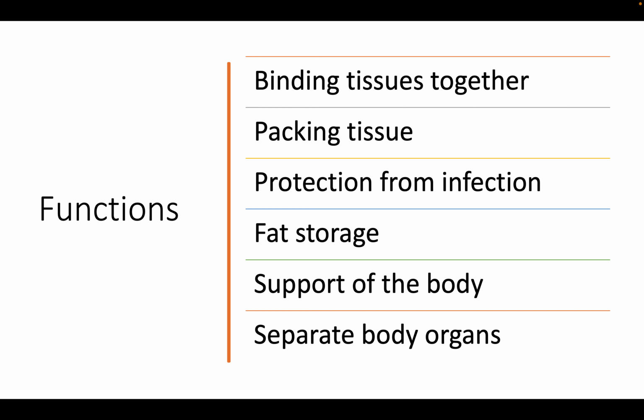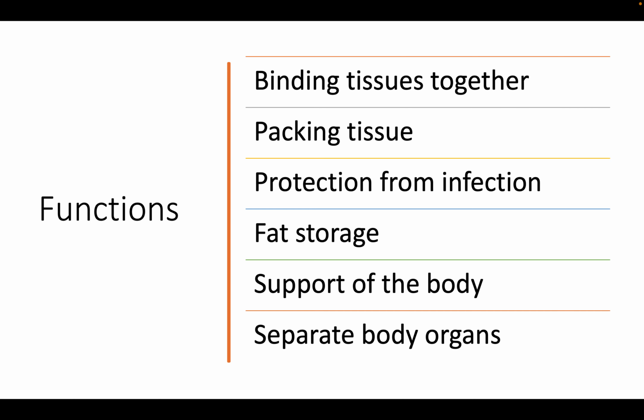And then connective tissue separates the body organs so that they do not interfere with each other's activities. Imagine if the intestines got mixed up with the kidneys, it would be a mess. But because of connective tissue, every organ is located where it is supposed to be located. And then connective tissue protects blood vessels and organs where they enter or leave organs.